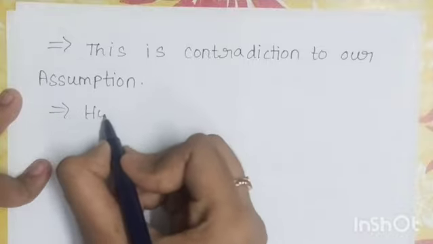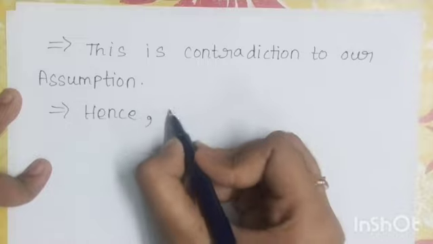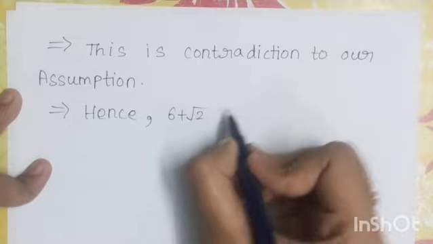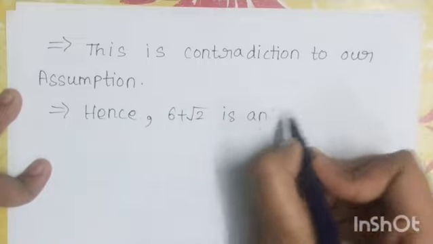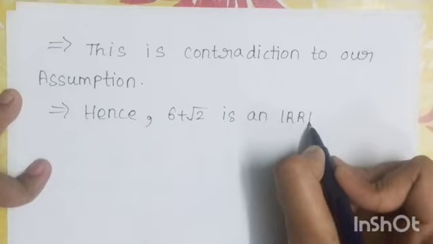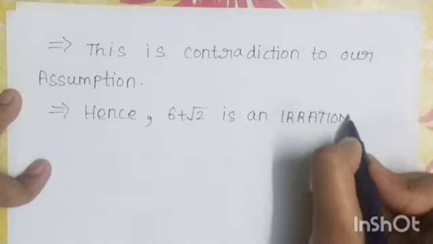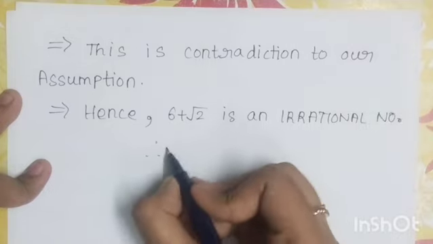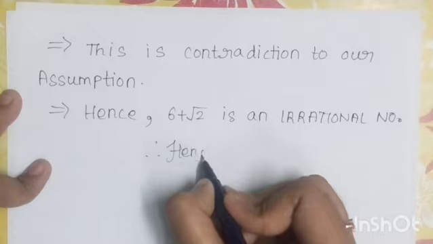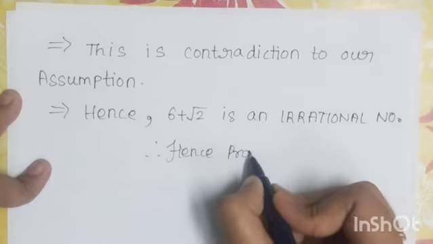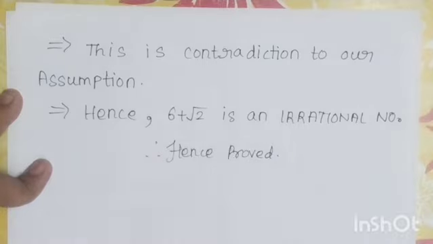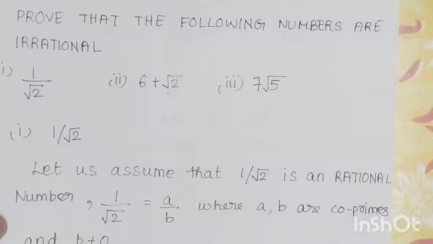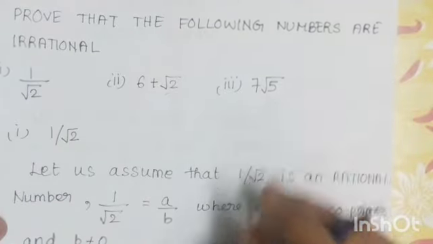So hence 6 plus root 2 is an irrational number. Hence proved. At last we have to write hence proved.